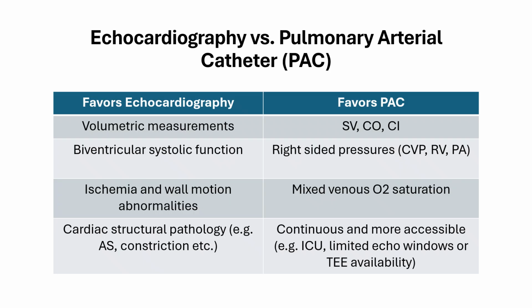Mixed venous saturation. Again, pulmonary arterial catheter is considered to be more accessible in certain patient populations, such as intensive care unit in patients who have limited echo windows or where TEE availability is unfortunately limited. And it also provides continuous information. Please pause this video if you need more time to review this important concept.